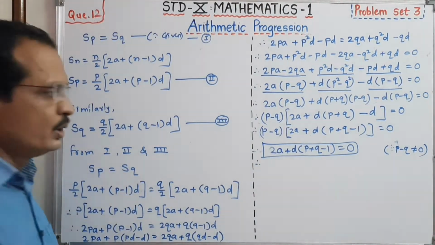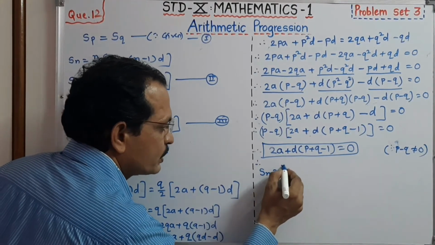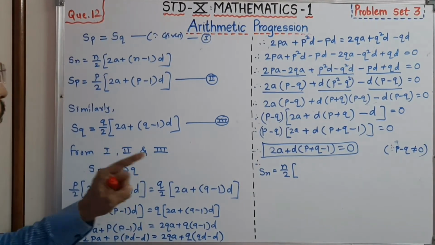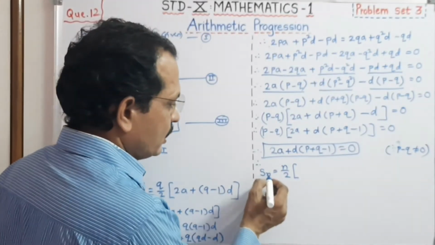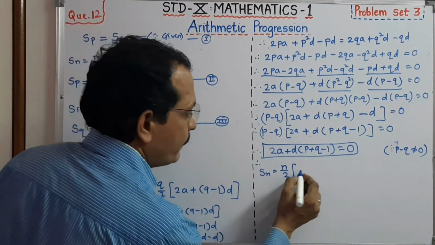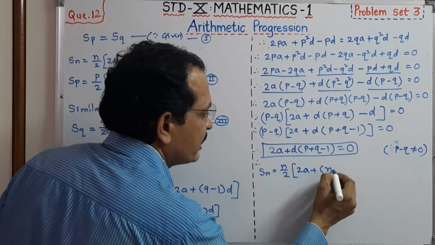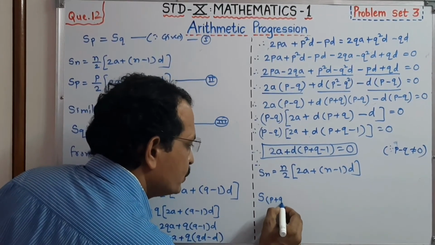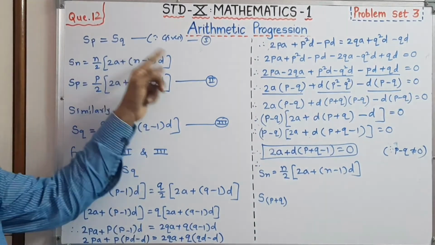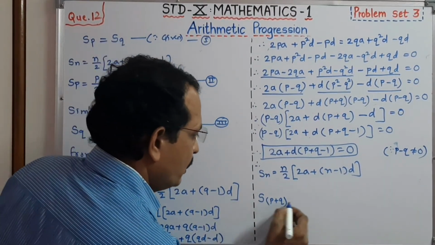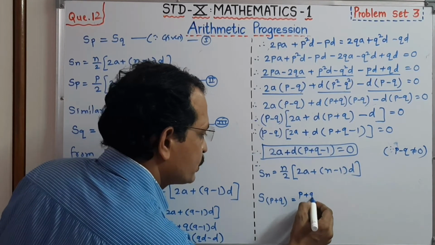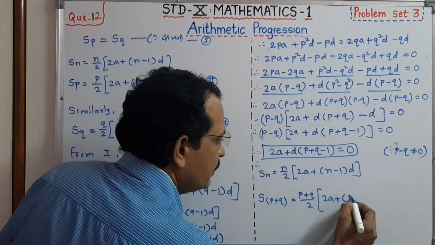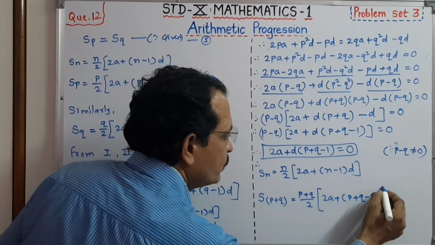Now dear student, Sn is equal to n upon 2 into 2a plus n minus 1 into d; we have to use this formula. Now Sp plus q, we have to show that the sum of p plus q terms is 0, therefore it is equal to p plus q upon 2 into 2a plus p plus q minus 1 into d.